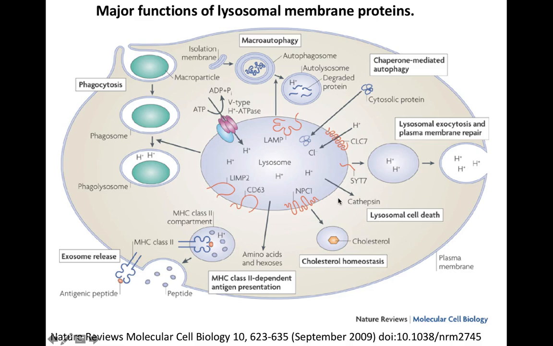Most of the cathepsins reside inside the lysosomes and work at lower pH, but some cathepsins like cathepsin K can also be found in the extracellular space. Anyhow, these are proteases basically, and they perform their function in destruction of various types of proteins.